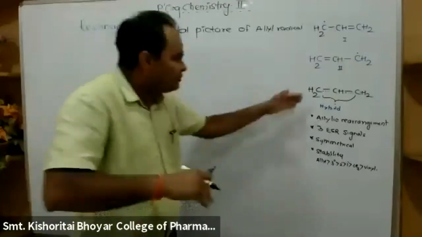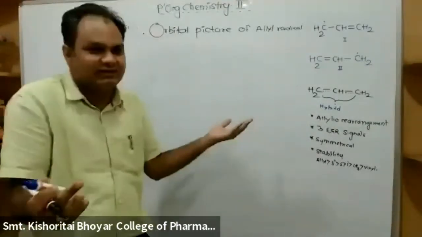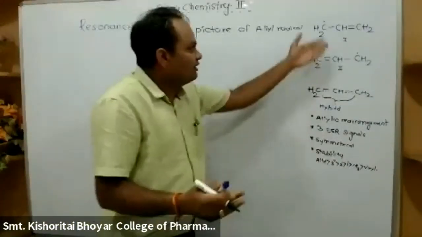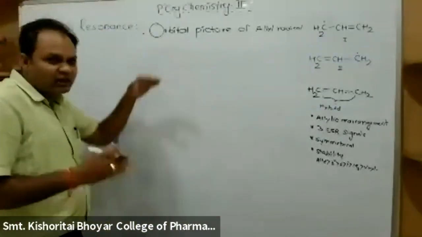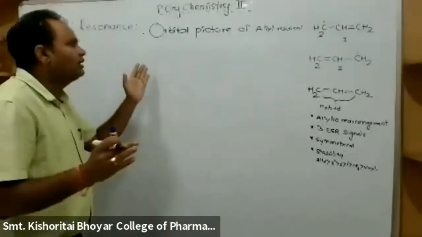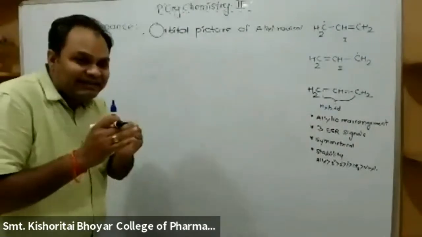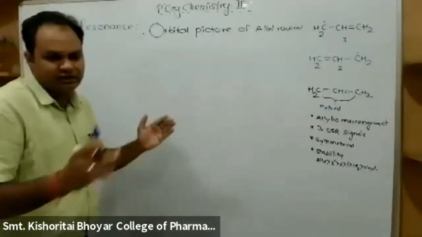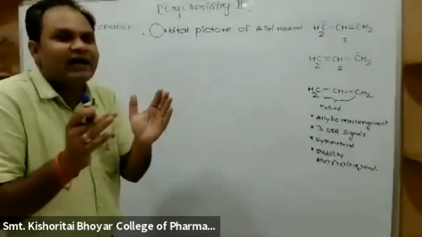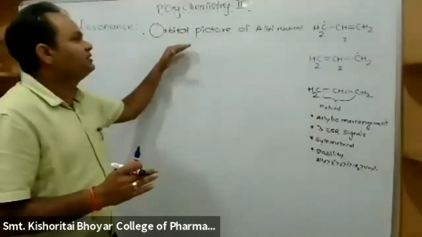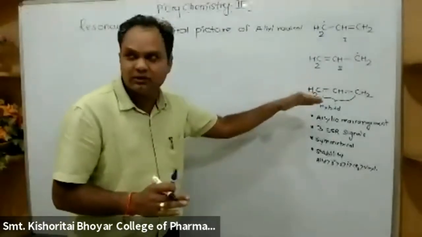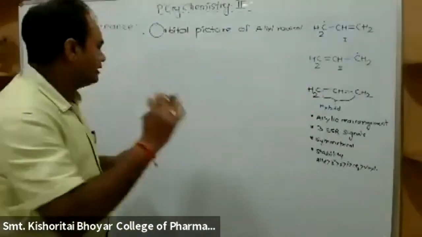What is this hybrid structure? How is this hybrid structure formed? What is this contributing structure? So the orbital picture explains all of it. The orbital picture gives detail about the structure of the resonance hybrid allyl radical.